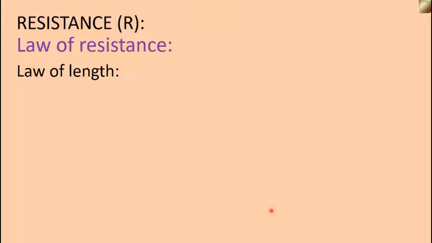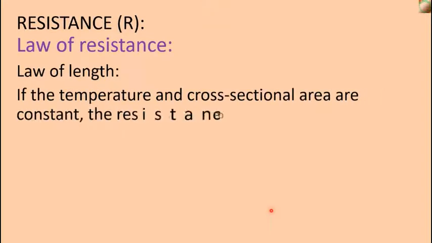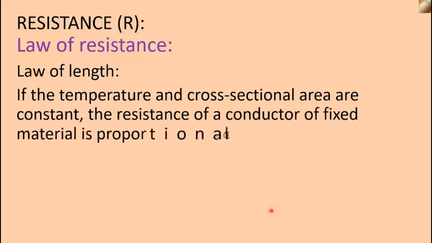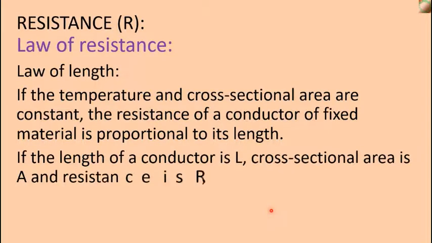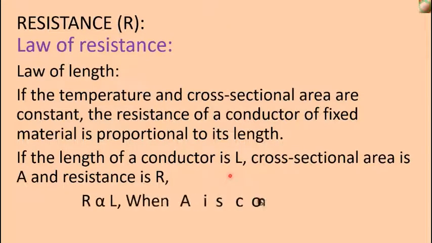Law of resistance. Law of length. If the temperature and cross-sectional area are constant, the resistance of a conductor of fixed material is proportional to its length. If the length of a conductor is L, cross-sectional area is A, and resistance is R, then R is proportional to L when A is constant.